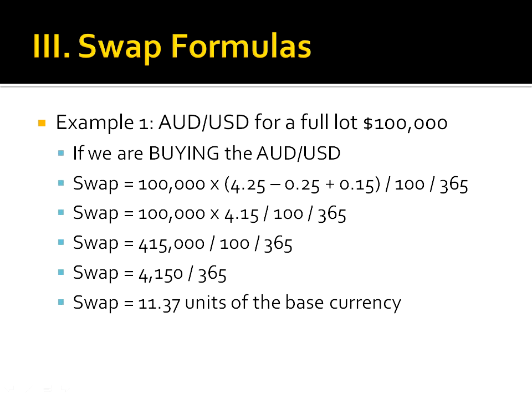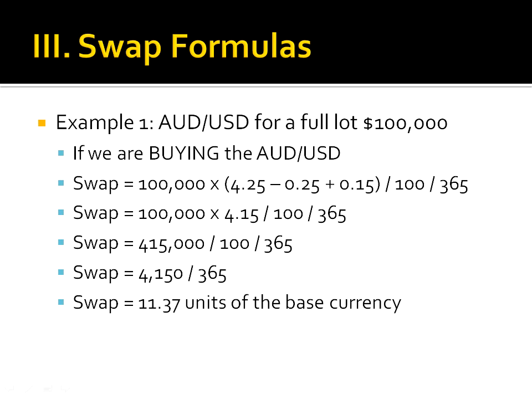And we'll throw some numbers into those equations. Example, the Australian dollar, US dollar. Now this is to figure out what you're going to get paid per day. So if you're trading a full lot, which is $100,000, and you're buying the Australian dollar, US dollar, the swap is going to equal the contract size, $100,000, times, now we work out what's in the brackets, 4.25 minus 0.25 gives you 4, plus 0.15, which is the broker's markup, gives you 4.15, divided by 100, divided by 365.